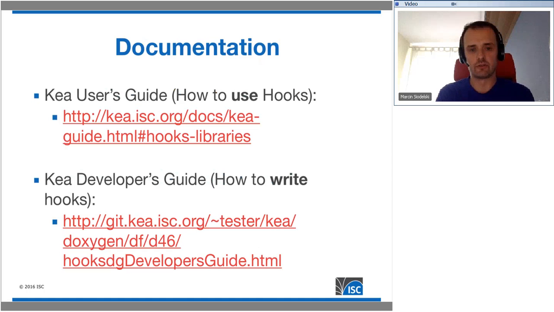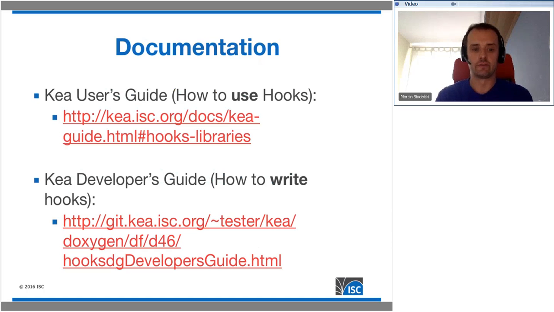The two most important pieces of documentation for Kea: the Kea user guide will teach you how to use hooks, assuming that the hook library or libraries you're planning to use are already created.